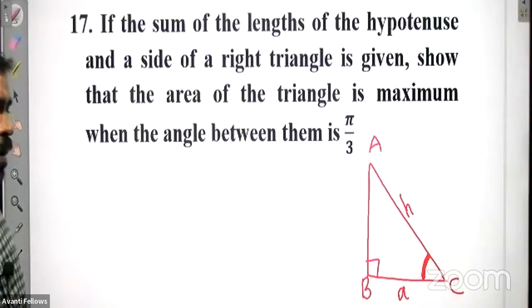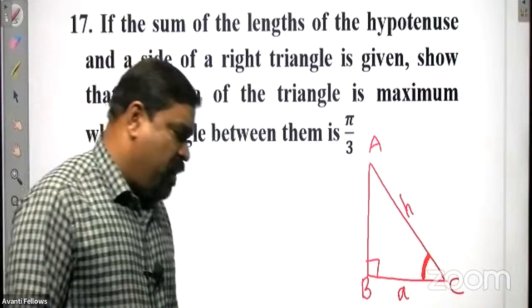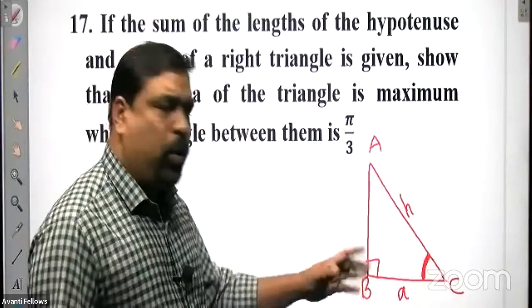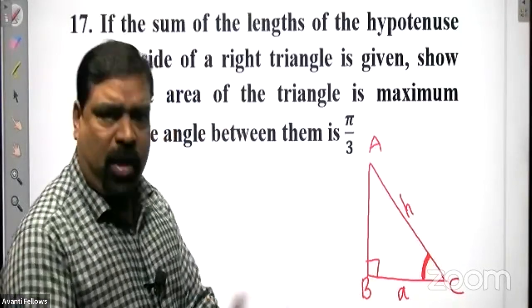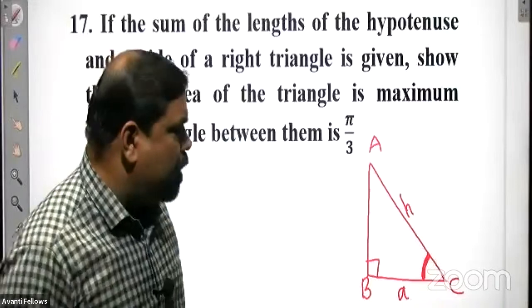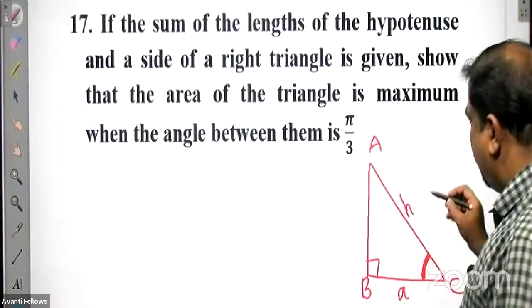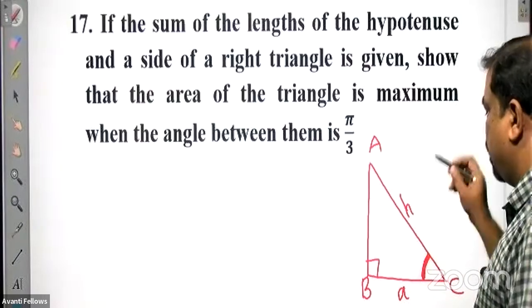So please understand the question actually. What is given here? The hypotenuse and another side, the total is fixed. So we can make so many triangles by varying. Suppose the fixed number is 10, for example.